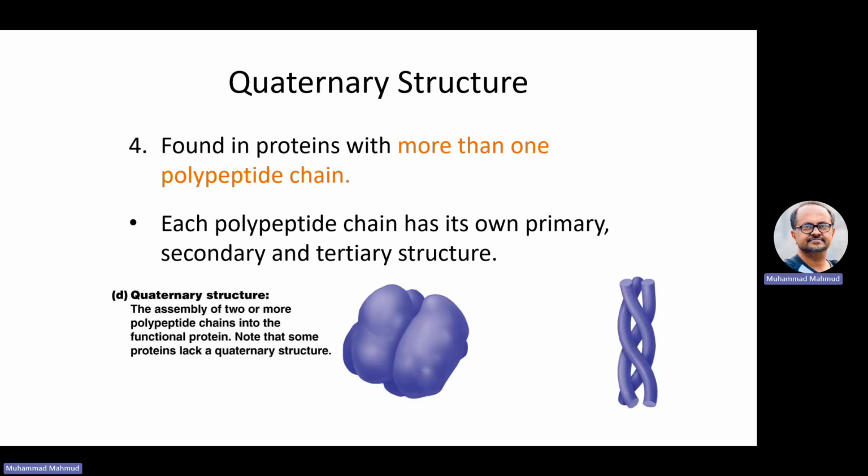Now, the last level, level 4, this time quaternary. You know the word quarto? Quarto means 4. So primary, secondary, tertiary, and quaternary structure, level 4. There will be more than one polypeptide chain, as you see here, and they have their own primary, secondary, tertiary structure, but they will combine together.